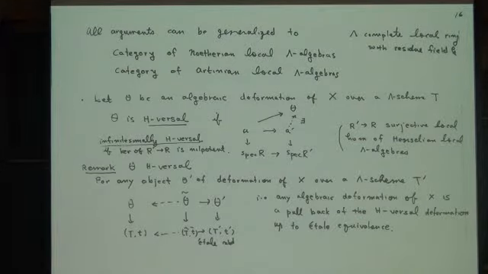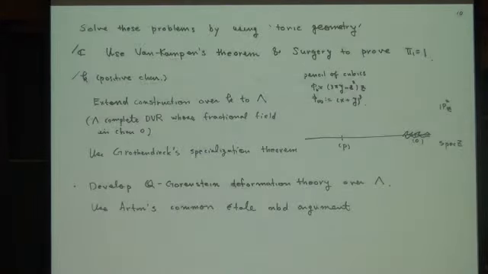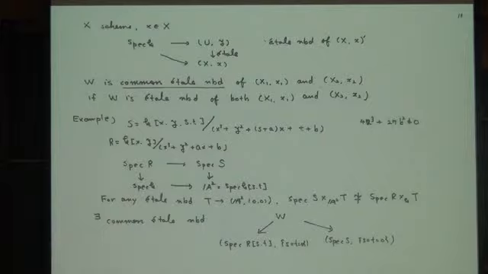So it means that any algebraic deformation of X is a pullback of the H-versal deformation up to étale equivalence. I already gave one example previously when I explained common étale localization. So maybe let me go back. We cannot find the étale map directly, but after common étale, meaning after some étale map, you can find the map.